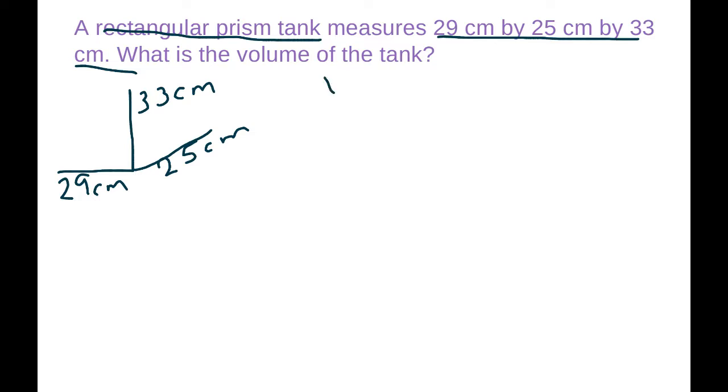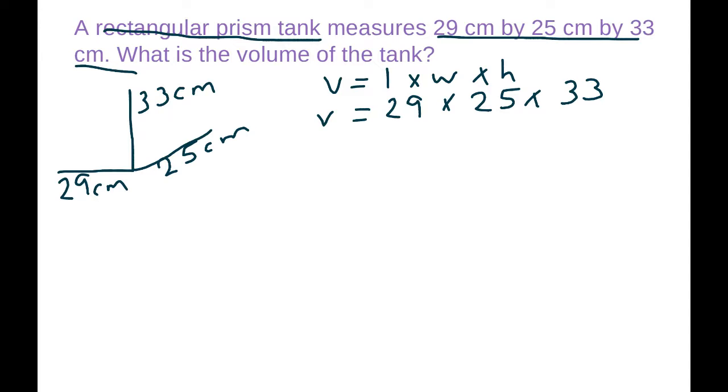You should have also written that volume is equal to length times width times height. Volume is equal to length, 29, times width, 25, and the height, 33.